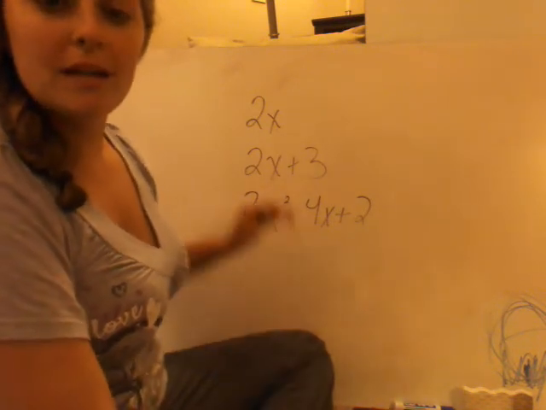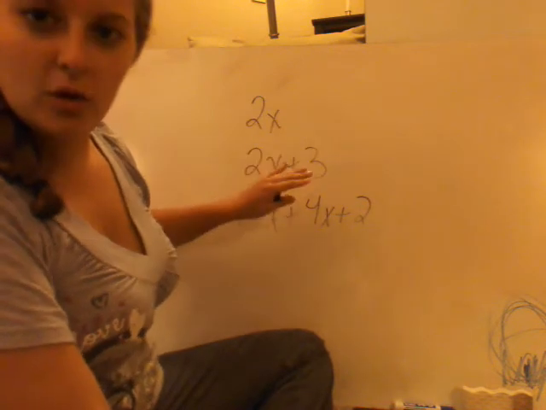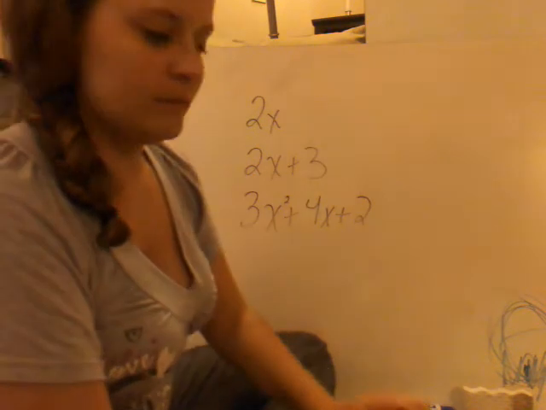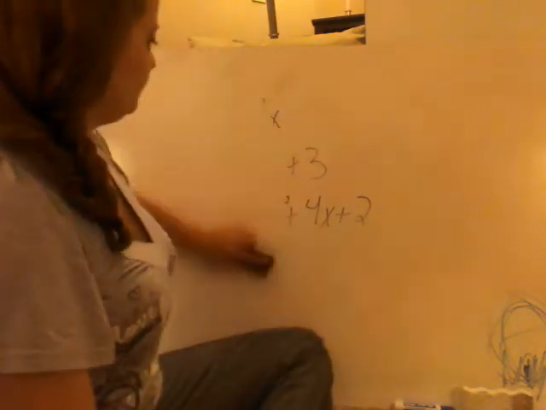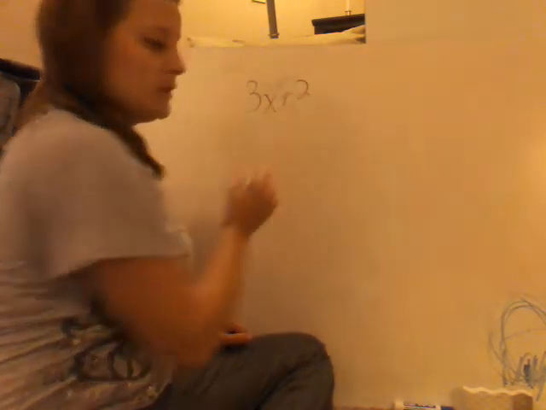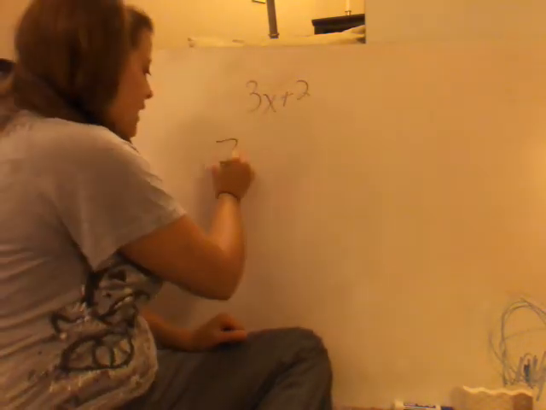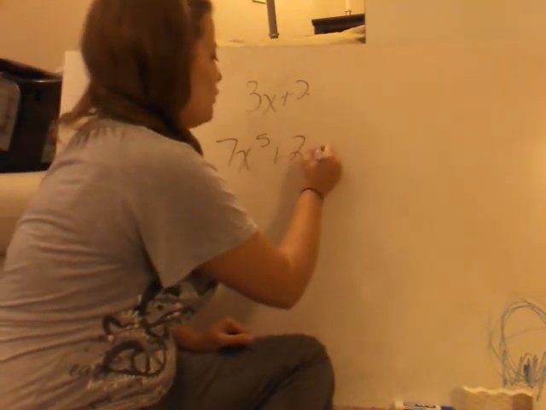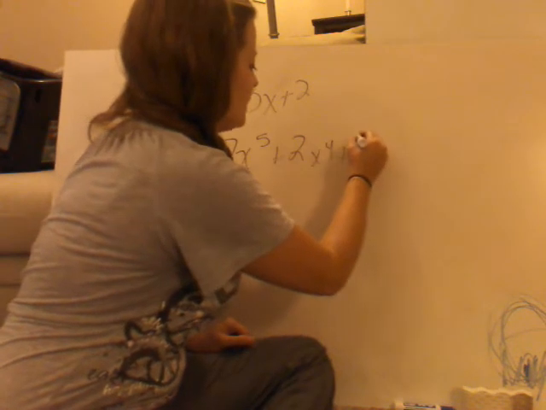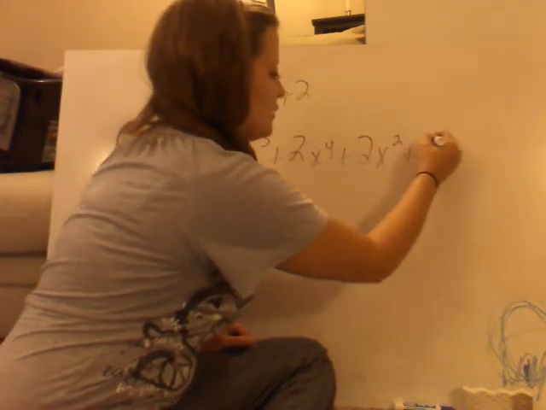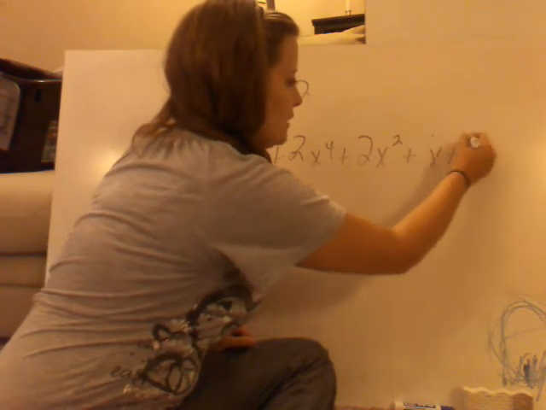So a polynomial isn't really its own category. It kind of encompasses a lot. So I could have, for example, 3x plus 2 that I had before. That's considered a polynomial. Or I could have 7x to the 5th plus 2x to the 4th plus, I don't know, 2x to the 2nd plus x plus 8.